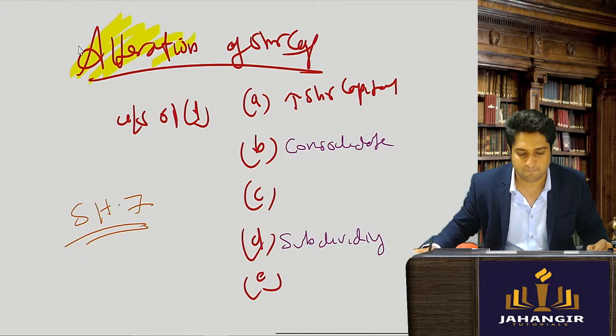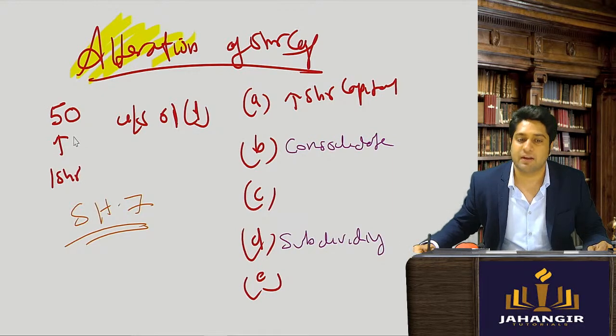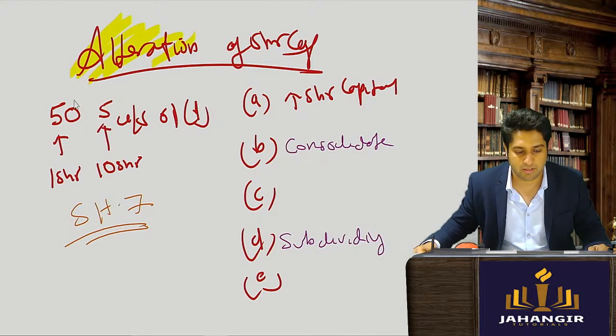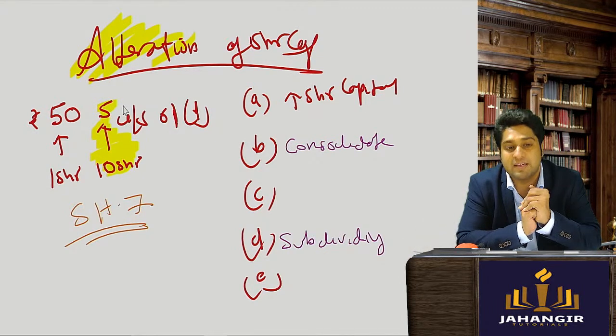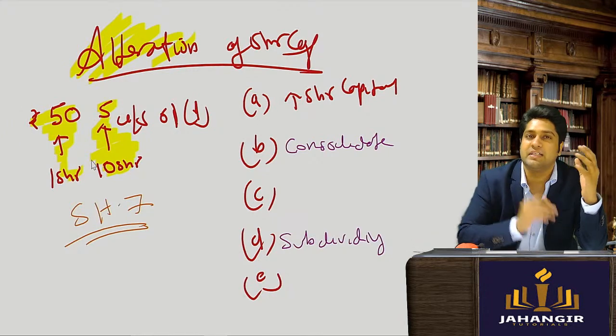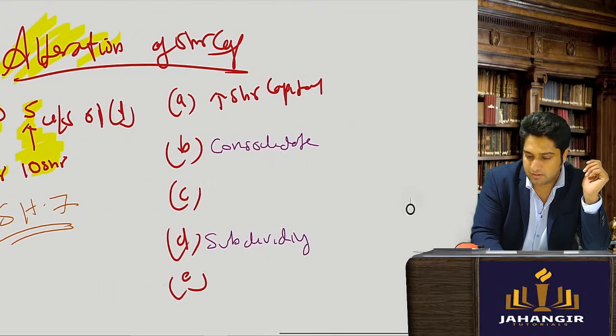If I want, I can make 10 shares of rupees 5. So I'm subdividing it. Here, what I'm doing is I can club all my shares and make it one value. So let me explain.